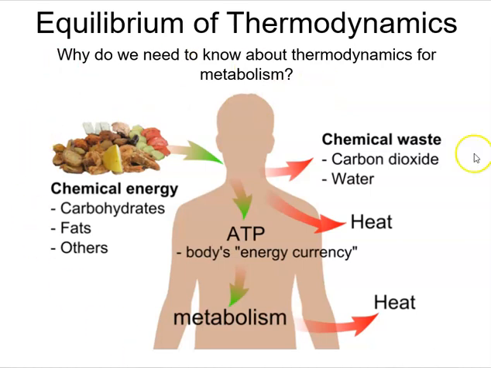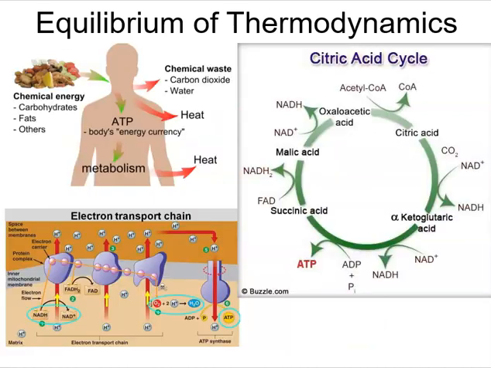So we have to think about the equilibrium and where things are coming and going so that we can understand what processes are going to function normally, and if we inhibit any of those processes, what pathways are available for that equilibrium to shift towards.